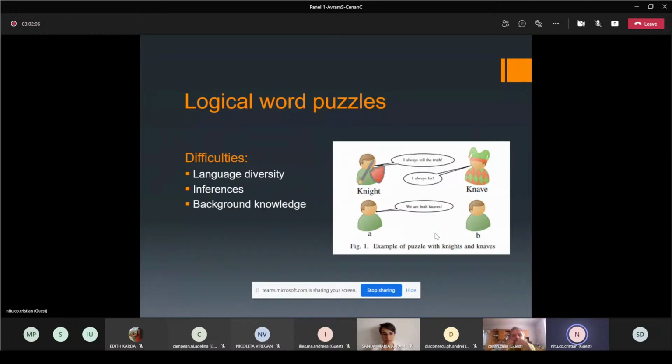On the right side we have an example of a puzzle with knights and knaves, a very well-known type of puzzle. Knights always tell the truth, knaves always lie, inhabitants can say different things, and the goal is to determine their nature. For every inhabitant, we have to see who is a knight and who is a knave.